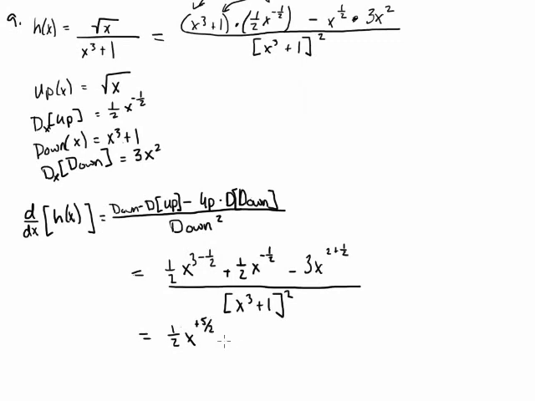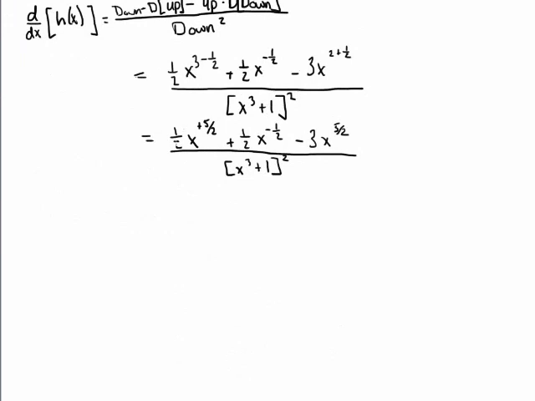Then we add 1/2 x to the negative 1/2 minus 3 x to the 2 plus 1/2, which is 5/2, over x cubed plus 1 quantity squared.